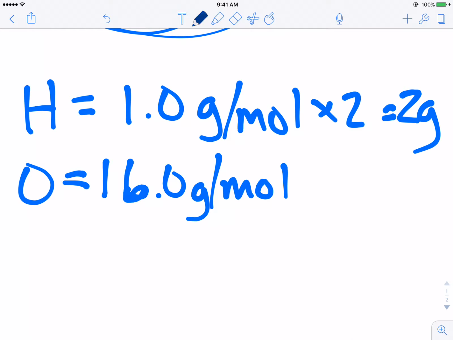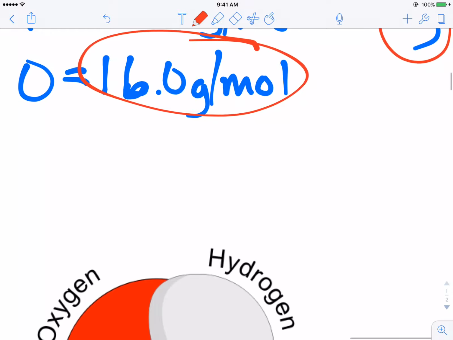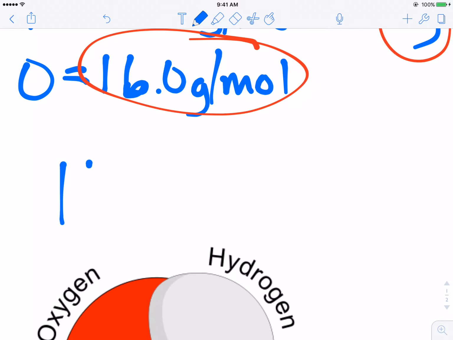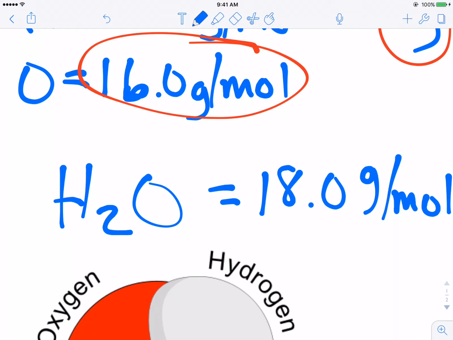So I've got my 2 grams from my hydrogen plus the 16 from oxygen. So the molar mass of H2O is 18.0 grams per mole.